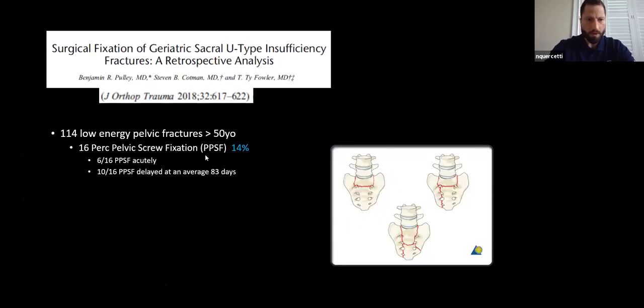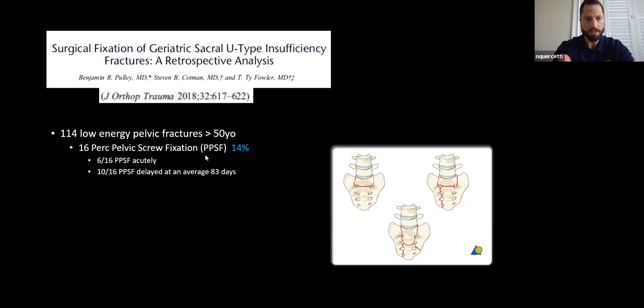So this is just a paper on a patient very much like this from 2018, where you had 114 low energy pelvic fractures, 16 of them, so 14%, got fixed, and they were all this zone 3 sacral pattern that we had just shown.